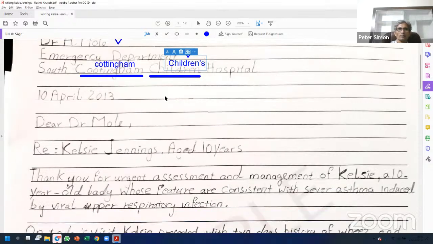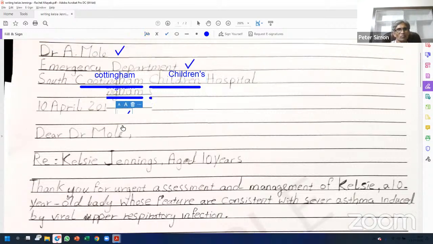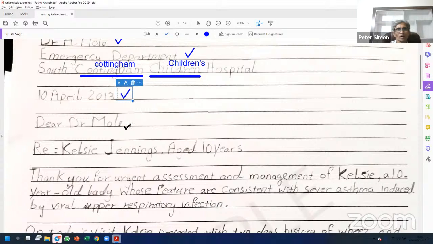South Cottingham. Okay, 10 April 2023. So, Dear Dr. Mole, the comma should be immediately after. You should not leave so much space.